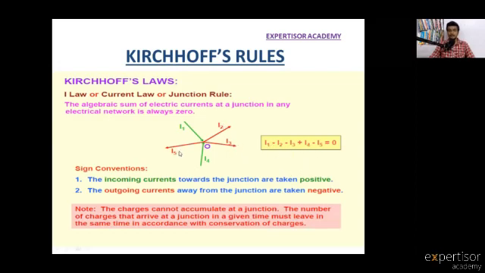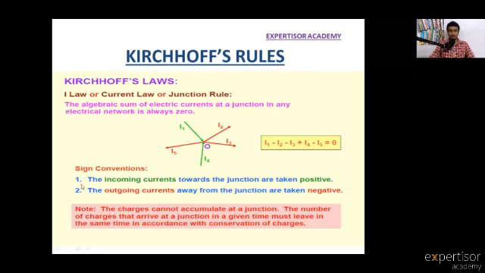I2, I3, I5 are leaving the junction, so these three currents are taken negative. The algebraic sum of total currents at any electrical network is always zero. So this is Kirchhoff's current law, or junction law, or junction rule.